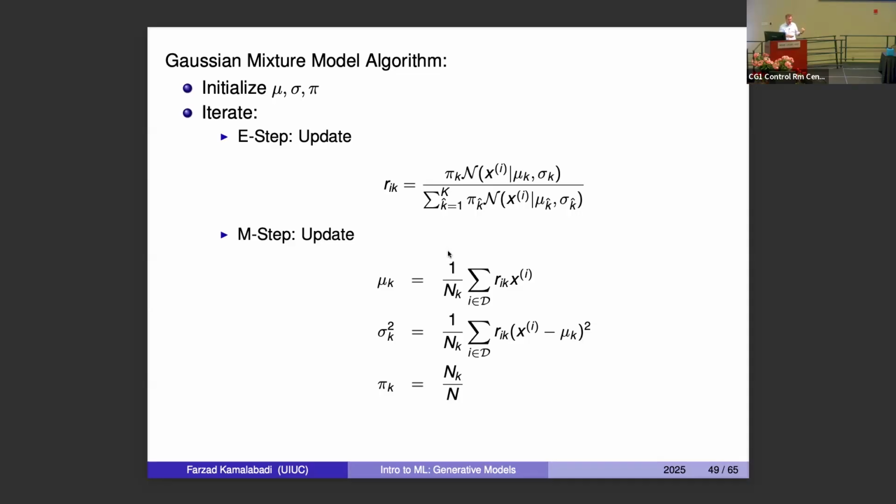The E step is where you update the responsibilities, in other words, the amount of contribution of each one of those Gaussians to each one of the clusters. In the previous case, it was 0 or 1, right? We had to find if it's 0 or 1. In this case, it actually takes a value. And the M step solves for mu, the cluster center, the dispersion, the variance, and the relative contribution of each one of the Gaussians to the clusters.